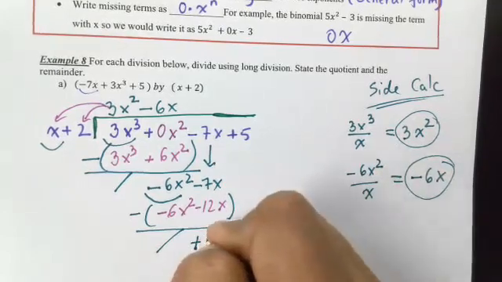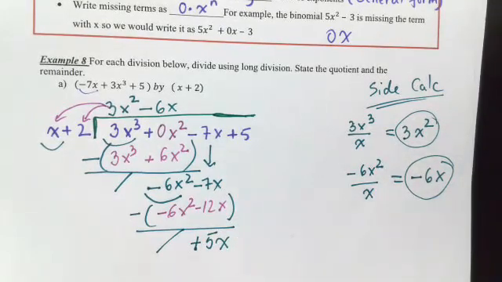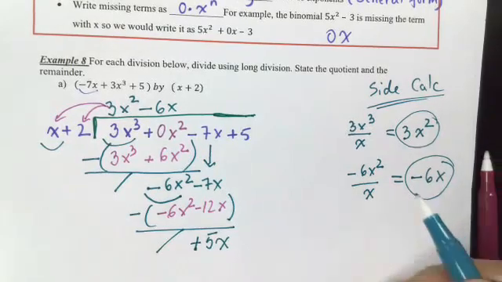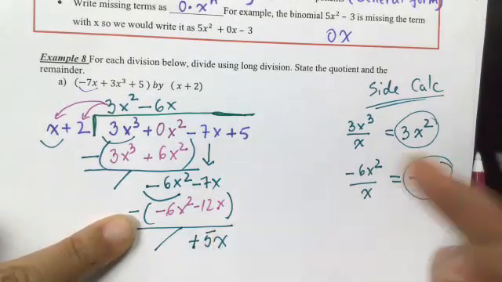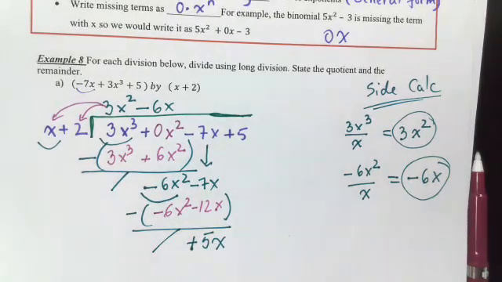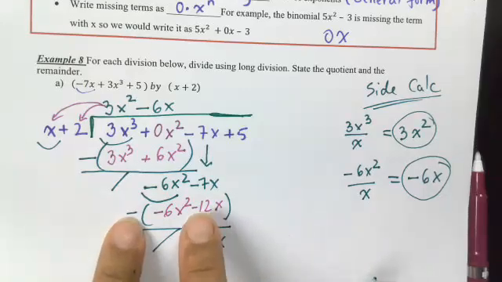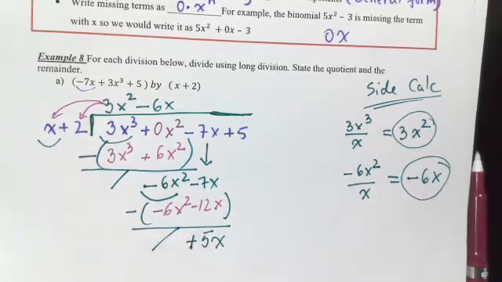Confidently 5. Sorry? 19? No, it's not 19. If this would be positive, if we add vertically, then yes, it would be 19 because you're getting a bigger number, but we're subtracting a negative. The second negative, negative times negative, is positive. So you're basically adding 12x there. That needs to simmer down a little bit to make sure.